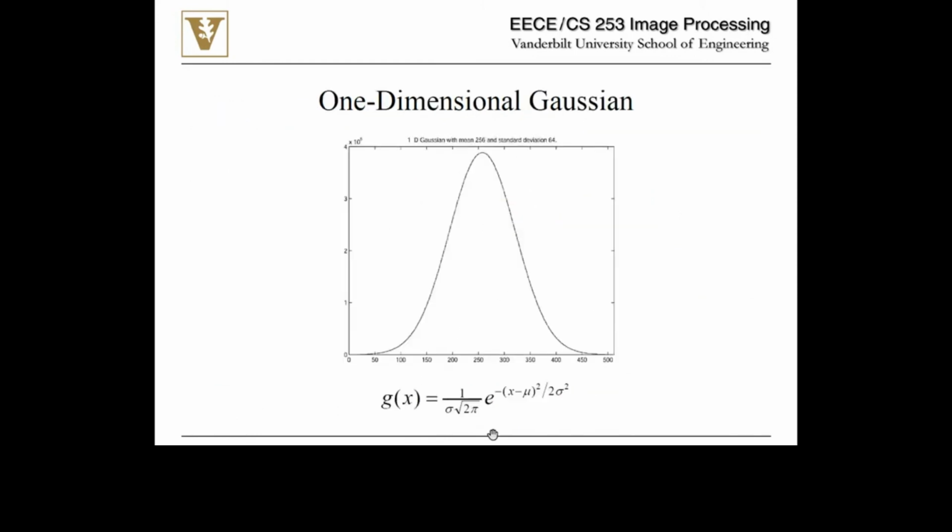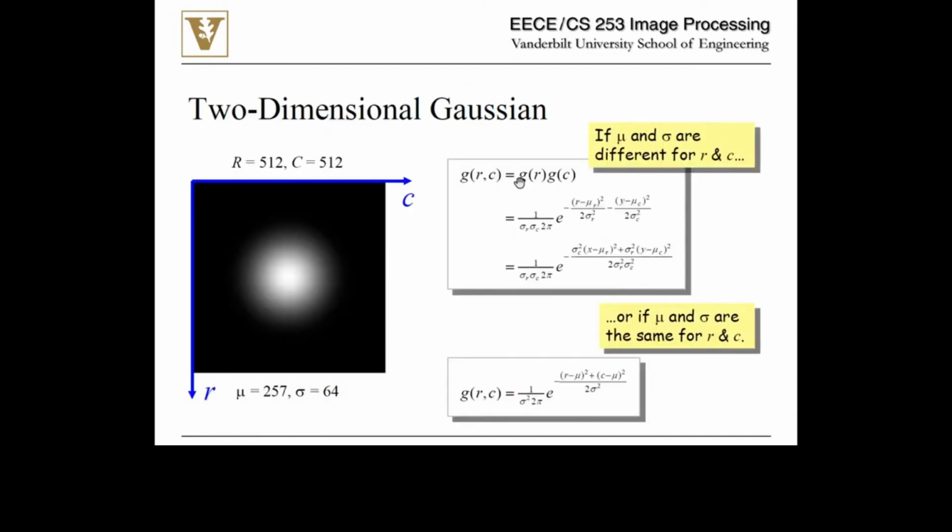Once you have the univariate Gaussian, the Gaussian for one variable, you multiply a Gaussian for the rows times the Gaussian for the columns. This is one possible way, and these 2 Gaussians are independent. There are slightly more general ways of defining a Gaussian, but this is a very simple one.